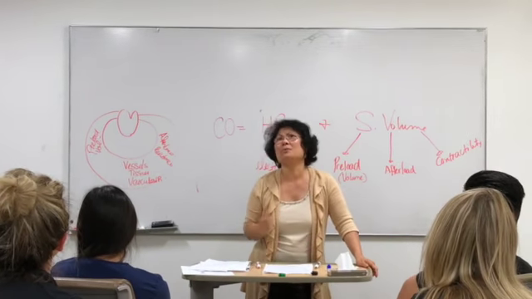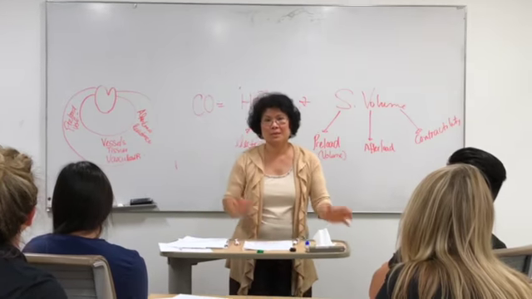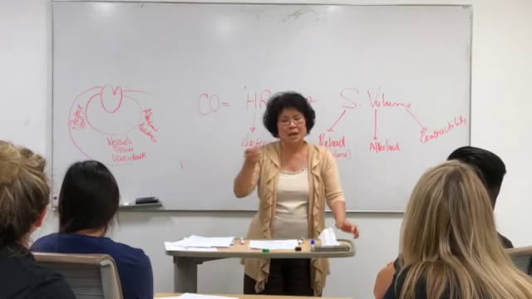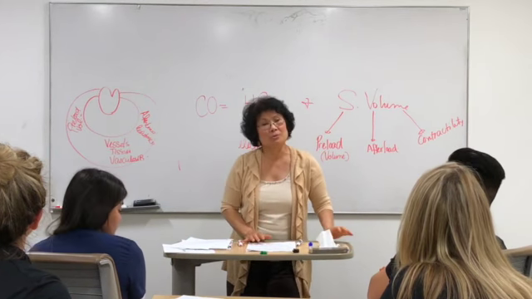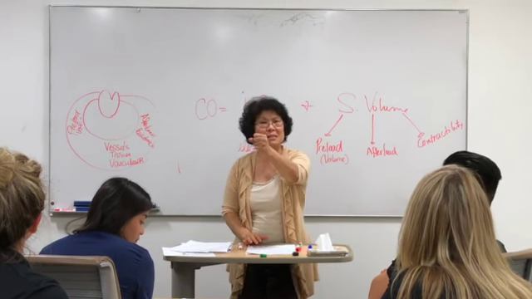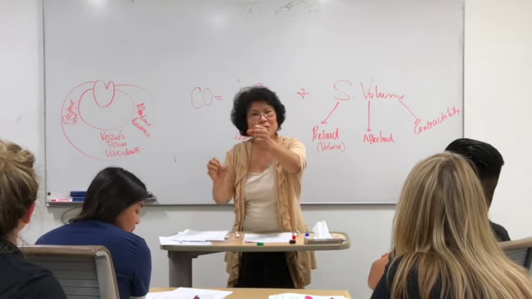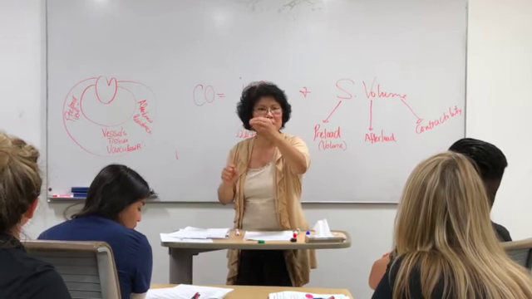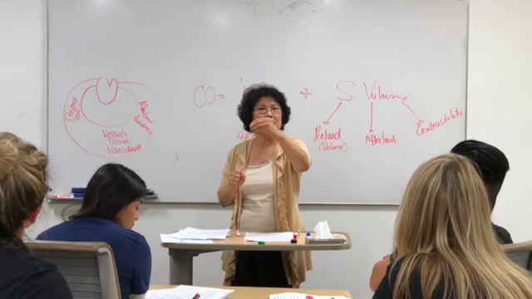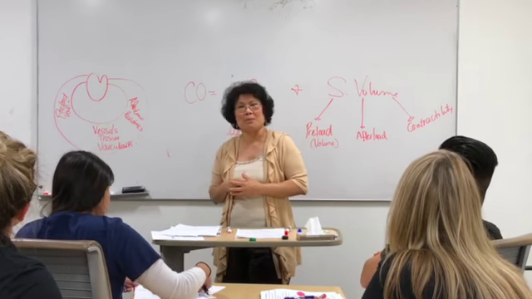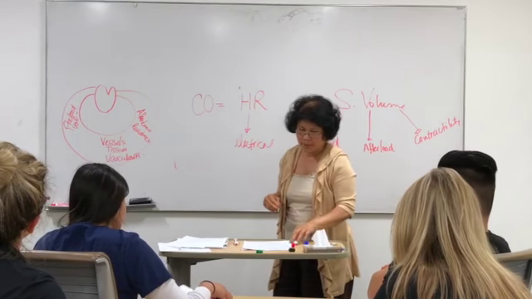Another good example of afterload, because this is the ventricle pushing the blood out, is aortic stenosis. That is resistance right there. The heart is trying to pump it out, but the aorta is resisting it because of the stenosis. So this is another example of the afterload.